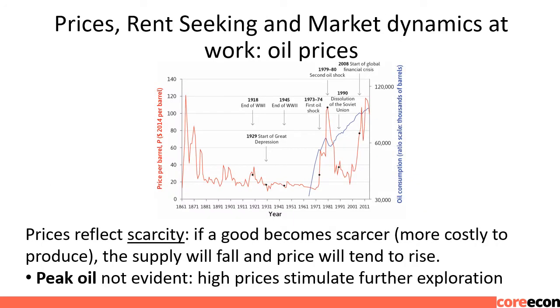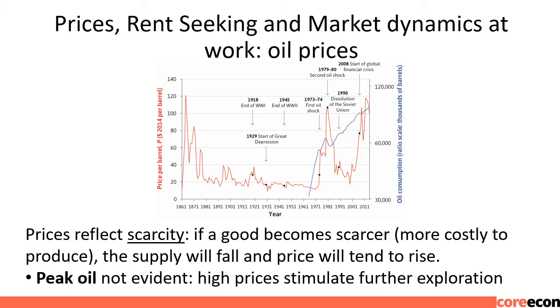Prices, rent seeking, and market dynamics at work. Oil prices. To understand what drives the large fluctuations in oil prices, we can use our supply and demand model, distinguishing between the short run and the long run. Prices reflect scarcity.